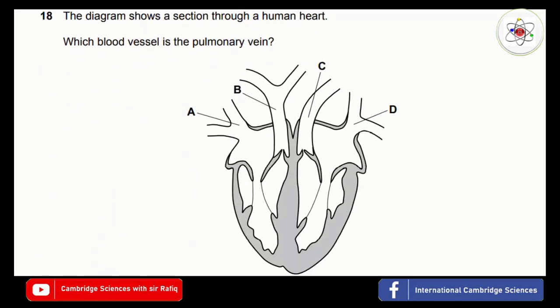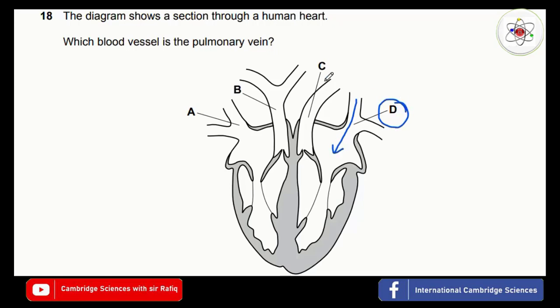Moving on, question number 18. The diagram shows a section through a human heart. Which blood vessel is the pulmonary vein? The pulmonary vein brings the oxygenated blood from the lungs, and the blood enters the left atrium. So D is indicating the vein which brings the blood into the atrium.